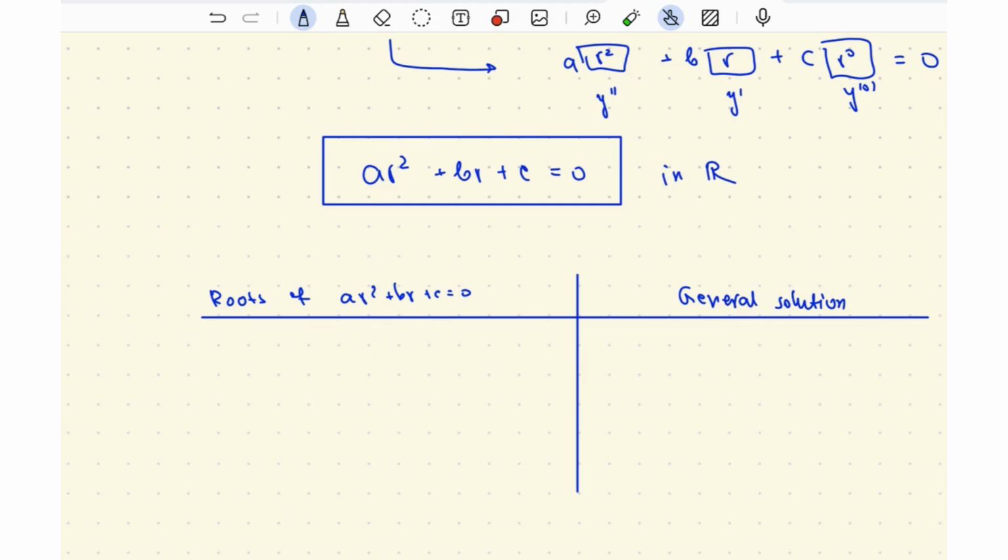Now, as we know, r1, r2 can be real and distinct. In this case, the general solution is c1 e to the power r1 x plus c2 e to the power r2 x.